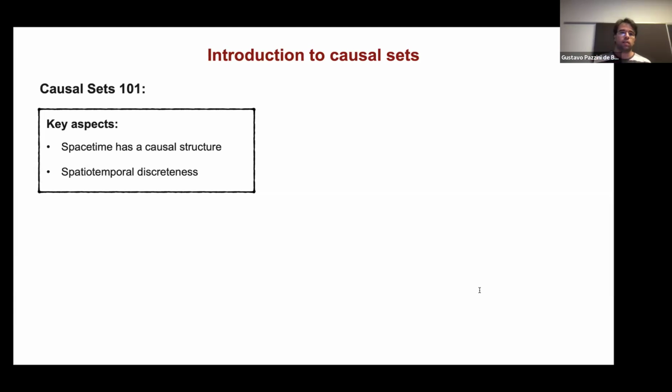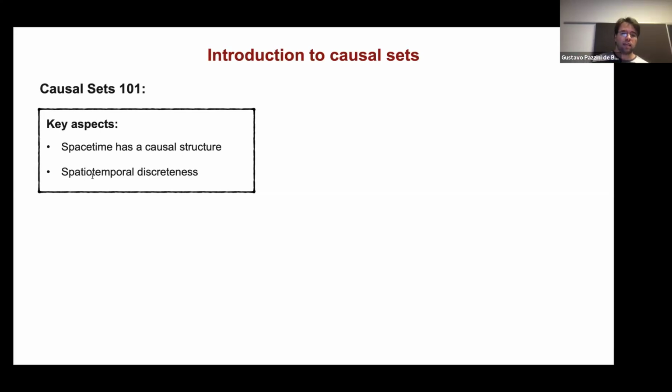Okay, so let me then give a basic introduction to causal sets. Before giving you a technical definition of what a causal set is, let me first motivate the basic aspects of causal set theory: what the assumptions are and why we use these assumptions in the construction of a theory of quantum gravity. So the idea is that causal sets are basically based on two aspects. The first one is that space-time has a causal structure.